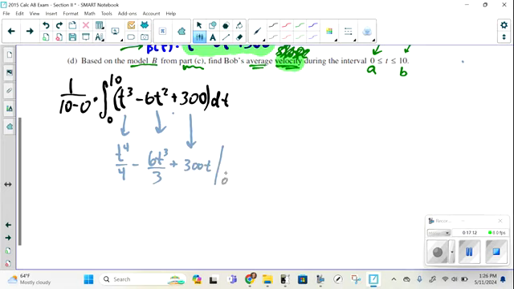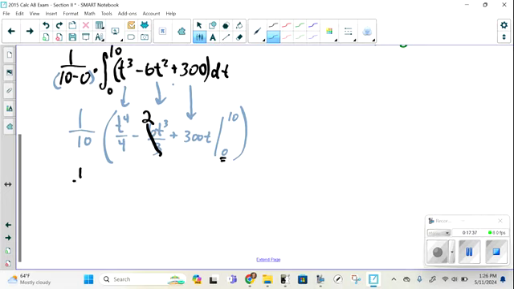I want this from 0 to 10, and let's not forget, we're still multiplying it by 1 over 10 minus 0, which is just 10. All right? Simple integration. Okay. This middle term is just going to end up becoming 2t cubed. And also my lower bound is 0, so that's all going to go bye-bye.